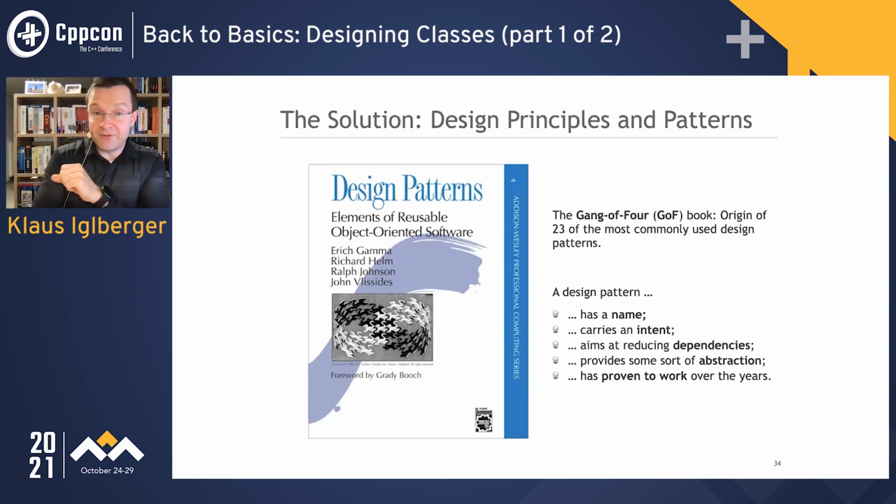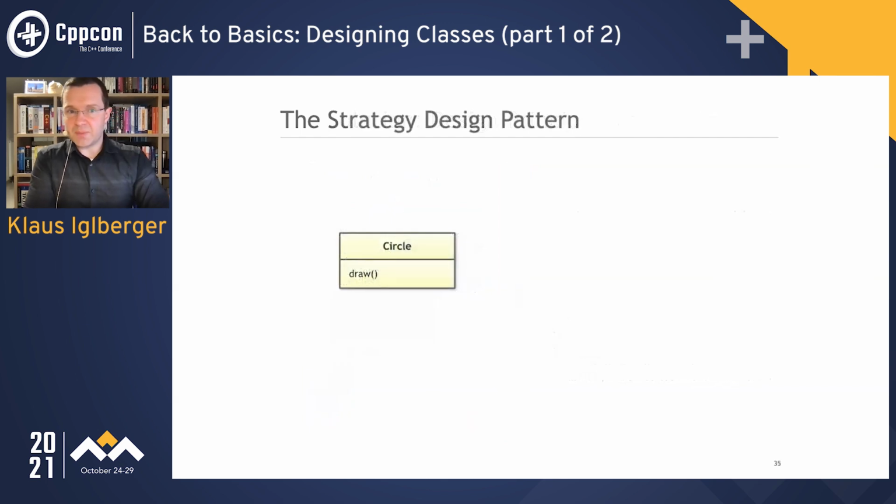All right, so let's fix the shape hierarchy that we've seen before by means of the so-called strategy design pattern. Now, I'm zooming in on circle, and we remember that circle had to implement some draw. Now, what we should not do is to apply inheritance directly. We should not have an OpenGL circle and a metal circle and what other kinds of circles we have.